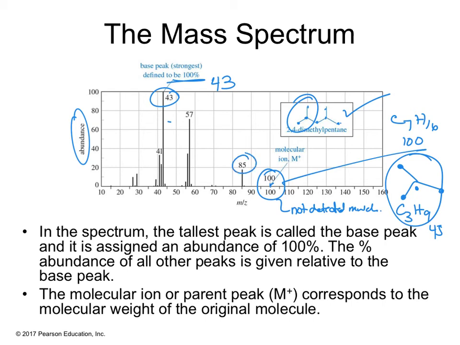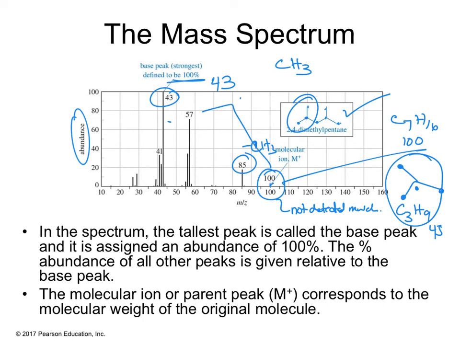The 85, what's 100 minus 85? 15. Okay, 15, what's CH3? That's 12 plus 3. So that's a methyl. So if you take your fragment and you lose a methyl, you have 85. What's 100 minus 57?